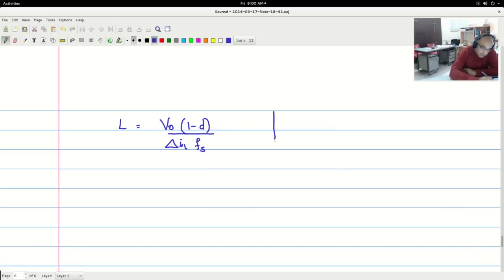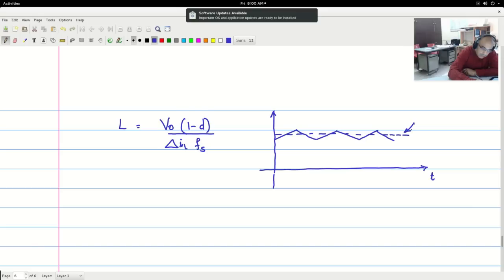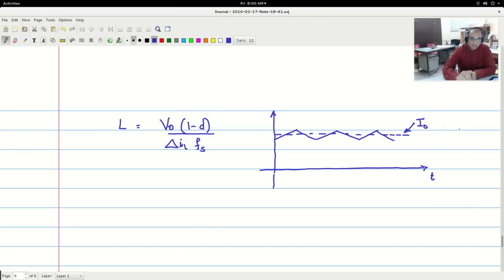So you see that in the case of the inductor, see the inductor current going up and down in this fashion. And here you have I naught. This is I naught. Now what would happen when R naught value is increased?